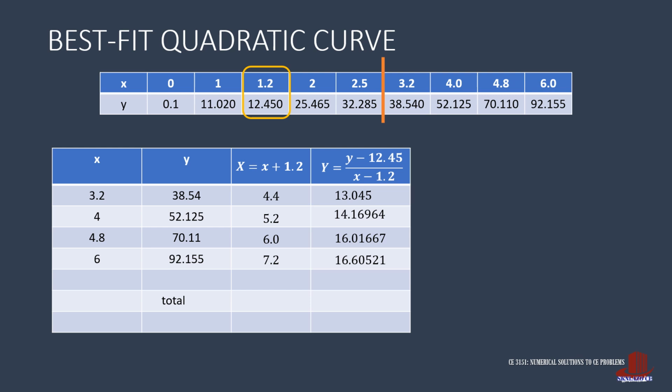Again, take the total where capital X turns to be 22.8 and capital Y is 59.83652. Their average is solved by dividing the total by 4. So capital X is 5.7 and capital Y is 14.95913. This then gives the second function of 14.9513 as equal to 5.7a plus b.